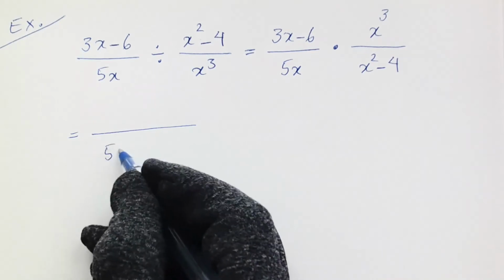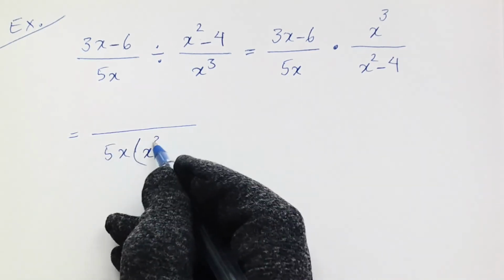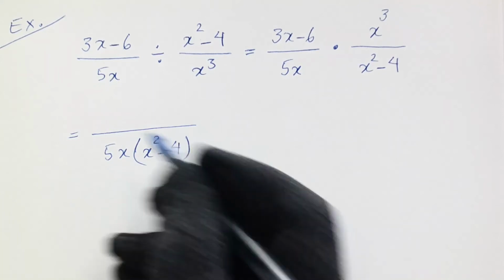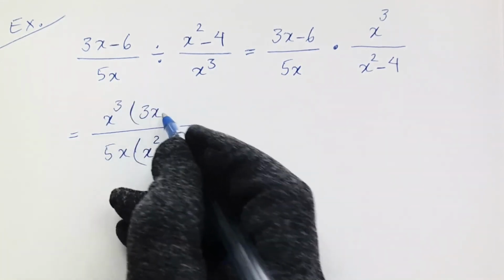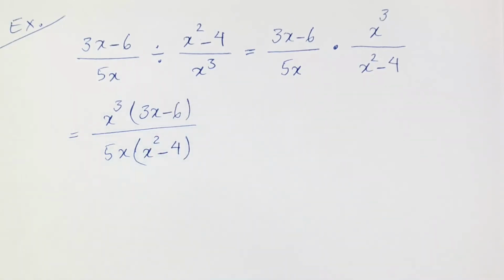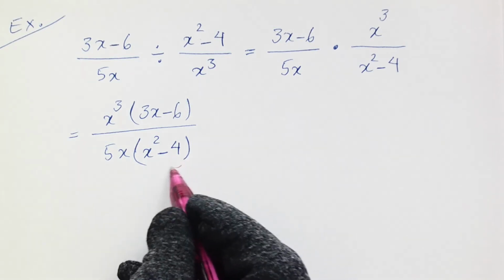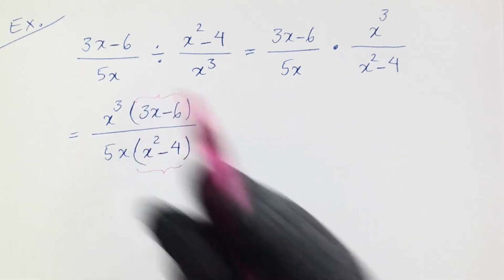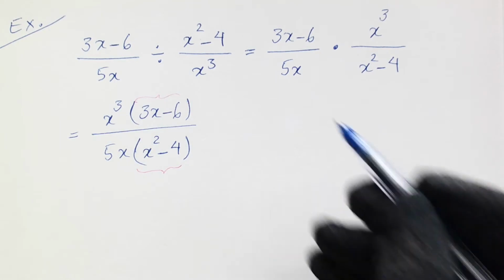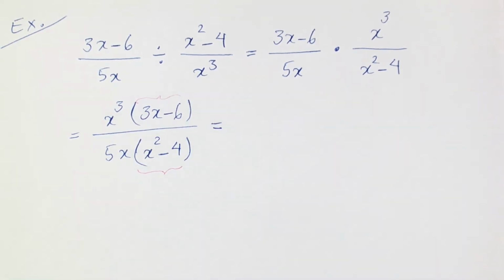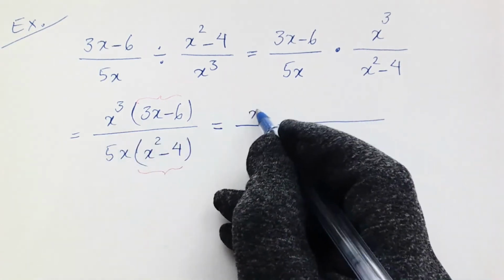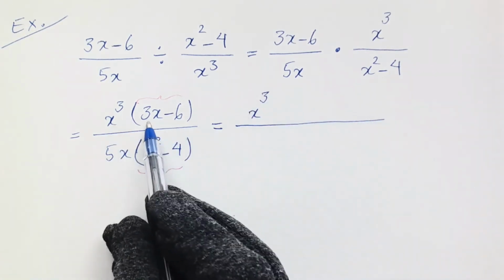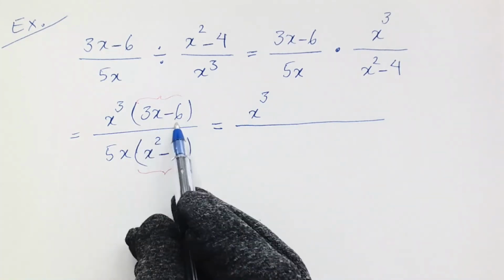The denominator is 5x times x squared minus 4. And the top of this fraction is x cubed times 3x minus 6. We need to check if we can factor. You see this parenthesis and this parenthesis we can factor. So it is going to equal x cubed, and I can factor 3 from this parenthesis.